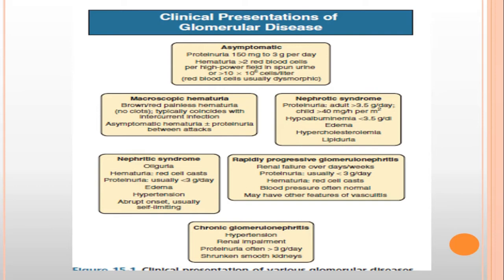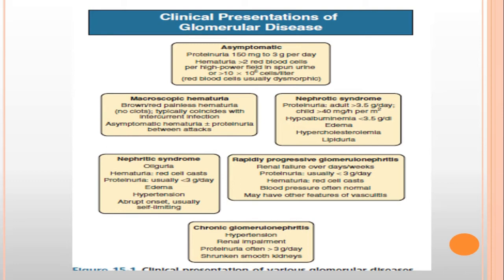In nephrotic syndrome, we discussed the triad previously: proteinuria more than 3 or 3.5 grams in 24 hours, hypoalbuminemia less than 2.5 or 3.5 grams, edema, hypercholesterolemia, and lipiduria. In nephritic syndrome, oliguria means decreased urine output less than 400 ml in 24 hours.